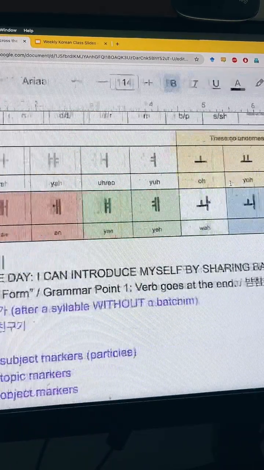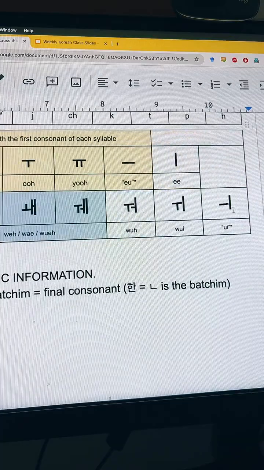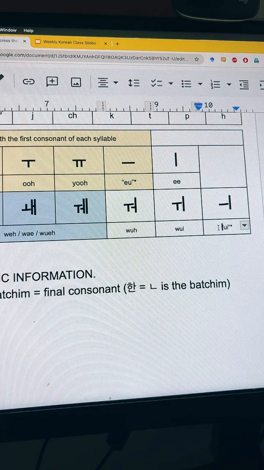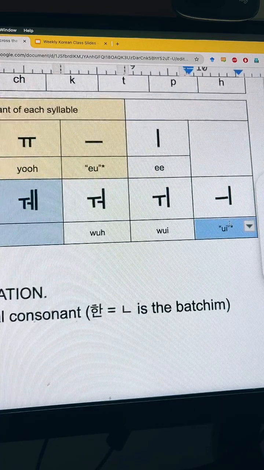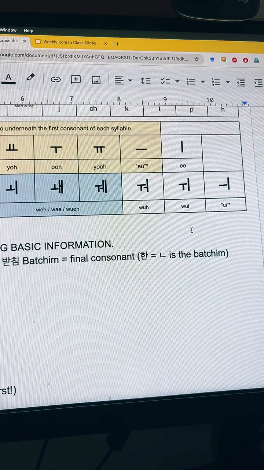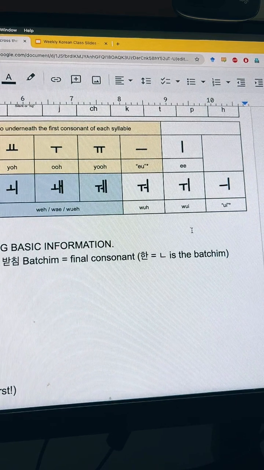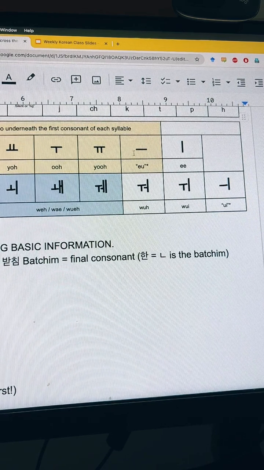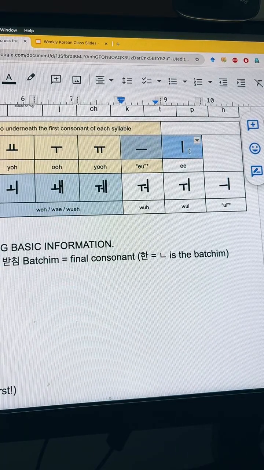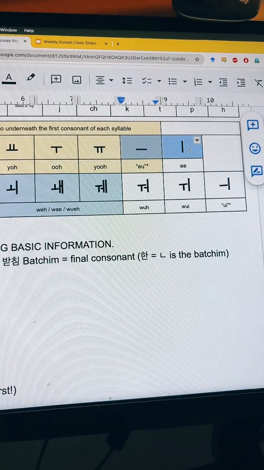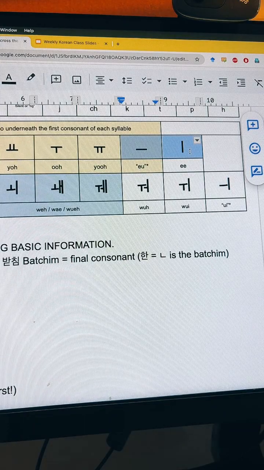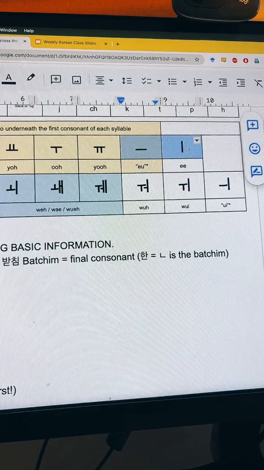Yeah, we can real quick go over that. So I have it right here. And I also have it with an asterisk because I don't think ui is it. It's basically ui. So u plus e, ui. So let me actually show you.